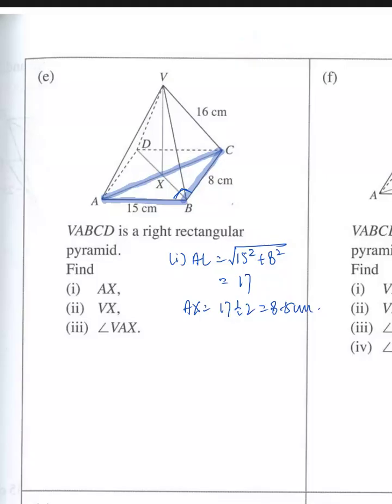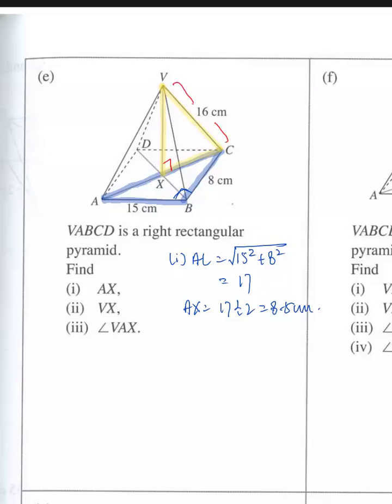VX, I should be looking at this triangle here. The challenge is it's always picking up the right triangle to look at. Okay, right angle here. So this side is 16.